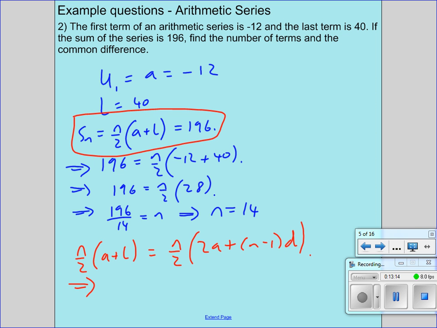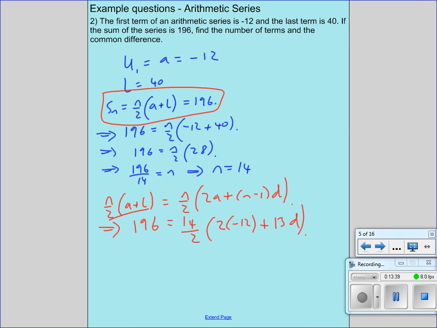I know that 196 is the sum of the series. I know that n is 14, because I've just found that. 14 over 2 times 2 times a, which is minus 12, plus 13 times d. Do you see I've got all the ingredients now to find d?